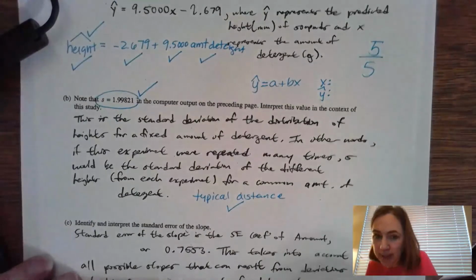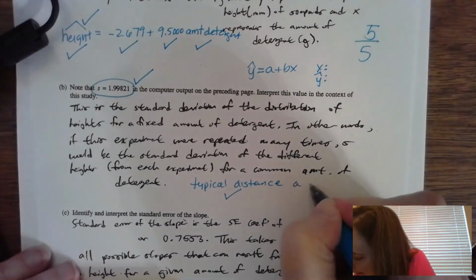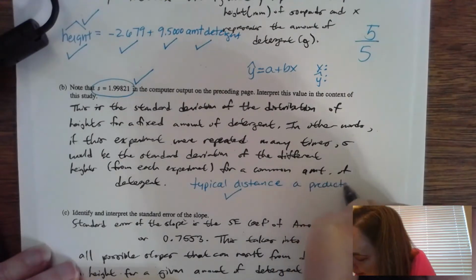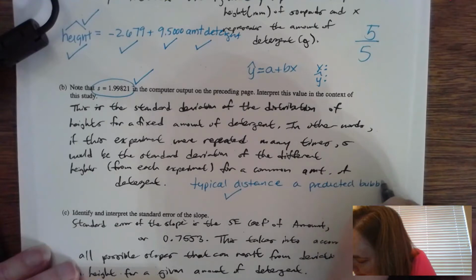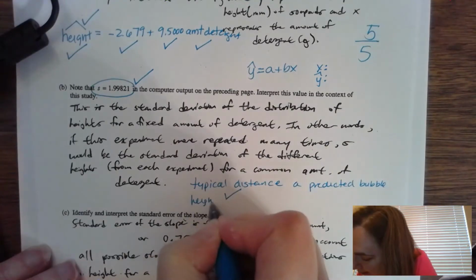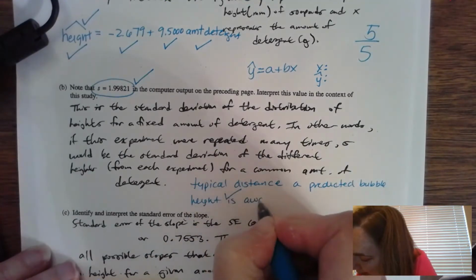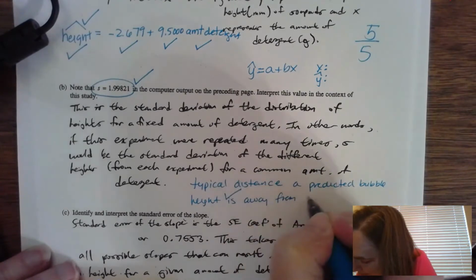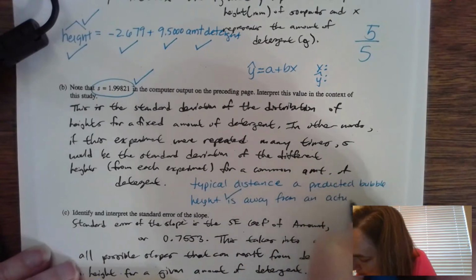Second check on this particular problem. A predicted bubble height is away from an actual bubble height.